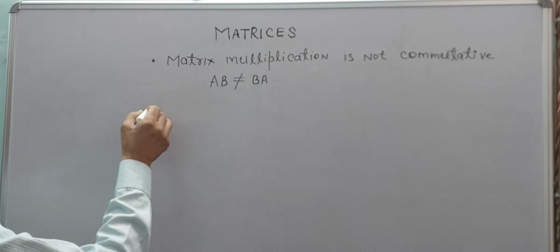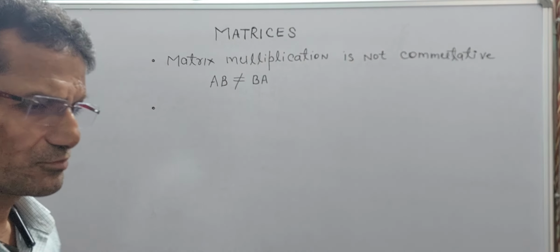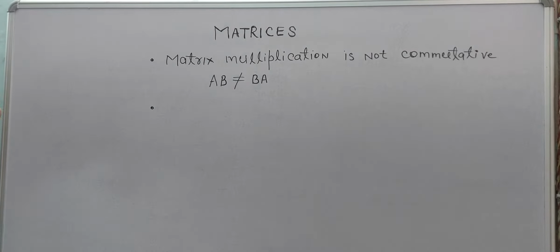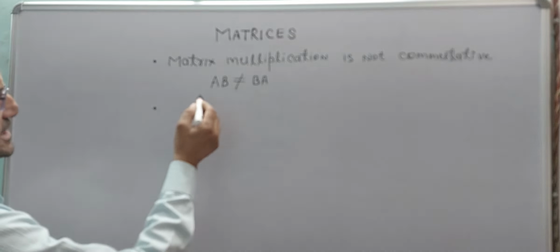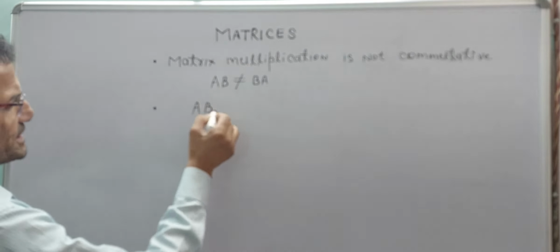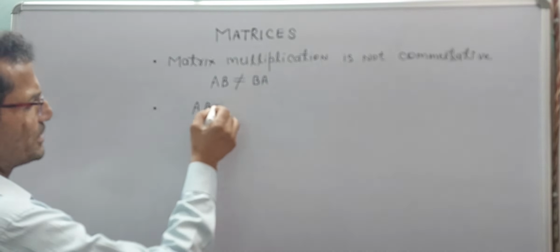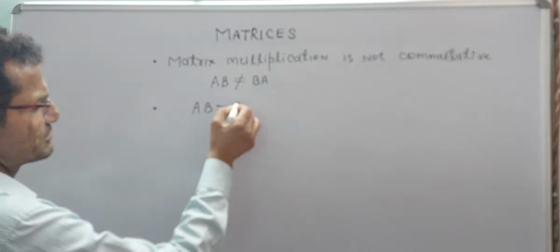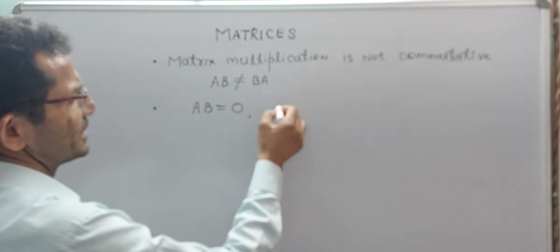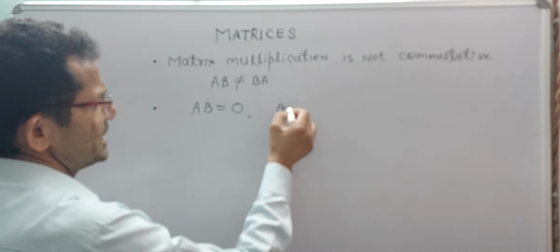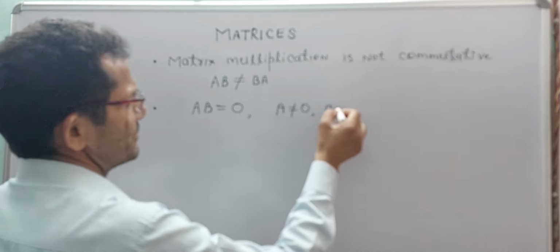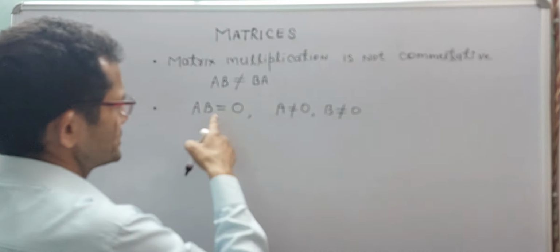And the second point: the multiplication of two matrices can be a zero matrix, that is, the product of two non-zero matrices can be zero. Suppose A and B are two matrices and AB can be 0. It is possible that A is not a zero matrix and B is also not a zero matrix, but their product is equal to 0.